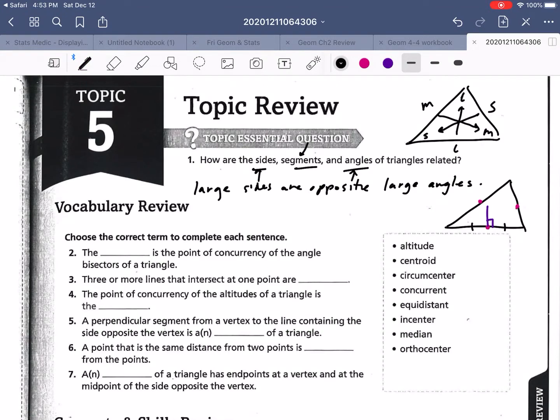So there's a lot going on with sides and segments inside triangles, and we use these relationships to create or find centers. That's what this whole chapter is about.